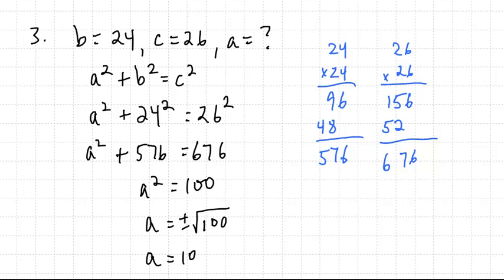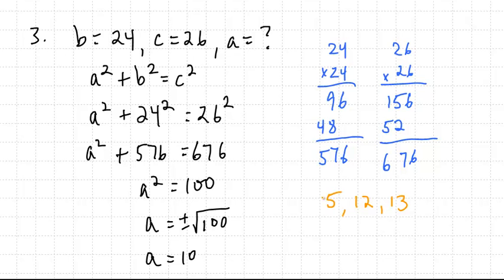Okay. I could have done this a little faster if I recognized the 24 and the 26. Remember, one of the Pythagorean triples we learned was 5, 12, 13. And we said that if we multiply all the numbers in a Pythagorean triple by the same number, we get another Pythagorean triple.